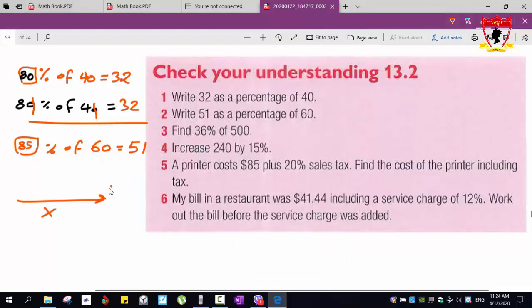This way always works. When the percentage is missing, you can divide the answer by this number here. You will usually get some decimals, and the decimal should be multiplied by 100 to be a percentage that gives the exact same answer.